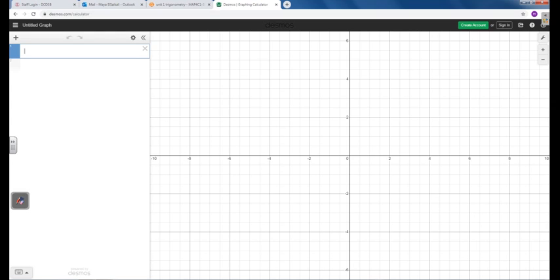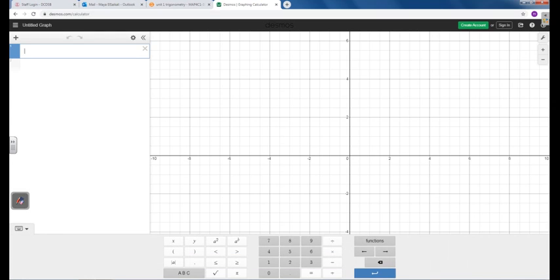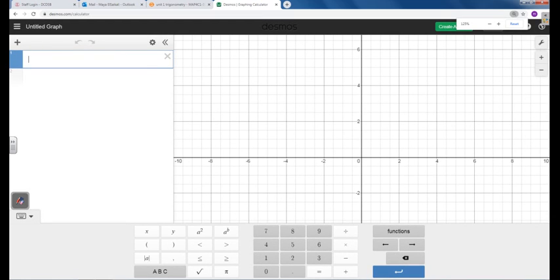So if you use your phone, you're going to get a keyboard. I don't know if you guys can see this. So when you get the keyboard, you can do Y equals, what was the equation? Negative 2x squared plus 8. So you see, you're going to go negative 2x.